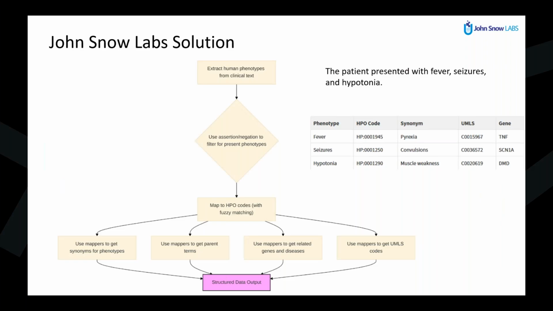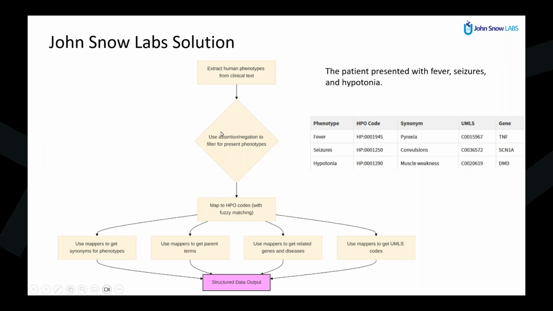In some cases, the phenotypes are related to genes, as you can see in the rightmost column. We don't see it here, but we are going to discuss this. You get the gene related to the phenotype, and then you may also have the disease. So you see that this is quite a supporting system for the medical doctor.